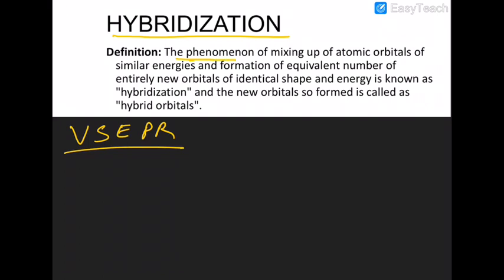The phenomenon of intermixing of atomic orbitals of nearly the same energy level, which results in the formation of an equivalent number of new orbitals of identical shape and of identical energy, is known as hybridization, and the new orbital is called a hybrid orbital.